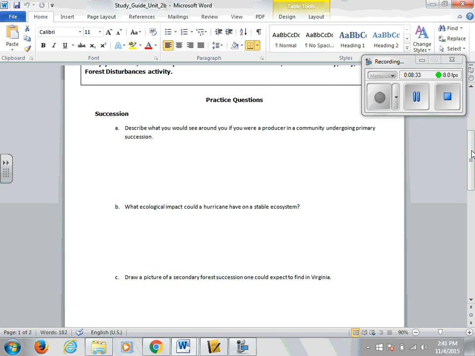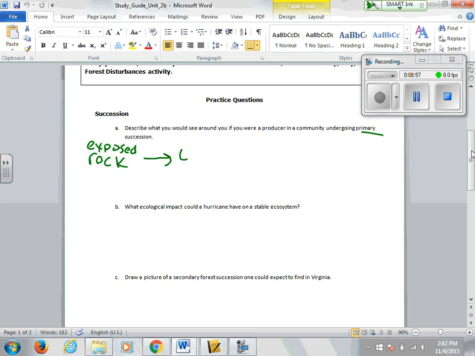So if we look at primary succession, what would you see around you if you're a producer in a community undergoing primary succession? So I'm going to start with a rock, because that's an exposed rock. And we'll say for whatever reason, maybe it's a volcano because all that volcanic ash dries and becomes rock. That's what Hawaii is made of. Or maybe it's just a glacier retreats.